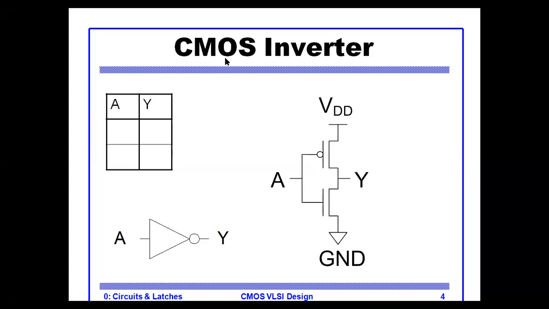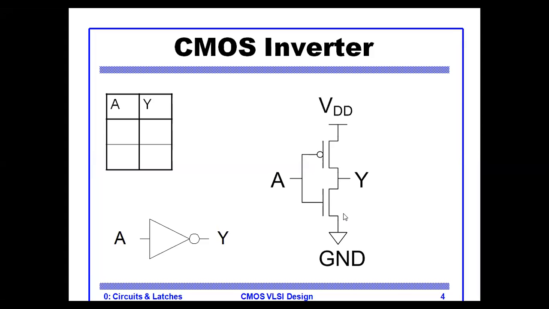CMOS, that is complementary metal oxide semiconductor, is the combination of the PMOS and the NMOS. Here this is the source, gate, and drain terminal of the PMOS transistor, and here this is the drain, gate, and source terminal of the NMOS. So in the PMOS type of transistor, the source is connected to VDD, and in the NMOS type of transistor, the source is connected to ground.